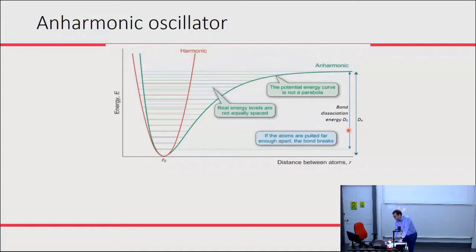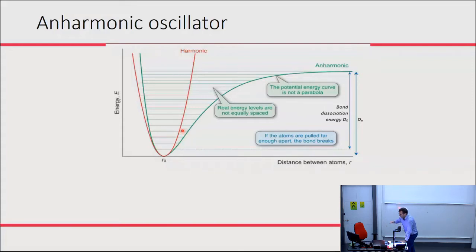So the extent to which the molecule will actually break, in other words the strength of the bond, is given by this bond dissociation energy, the difference between the zero-point energy and the point at which the potential energy plateaus off to 0. So we see in anharmonic systems the vibration levels are slightly lower.